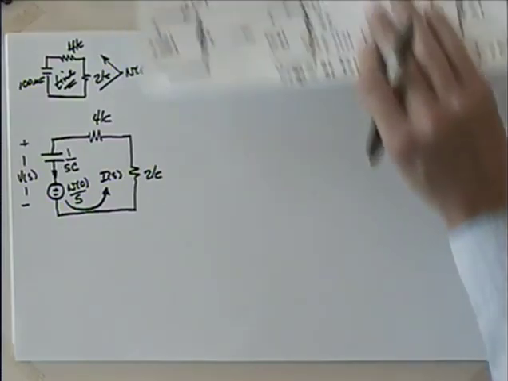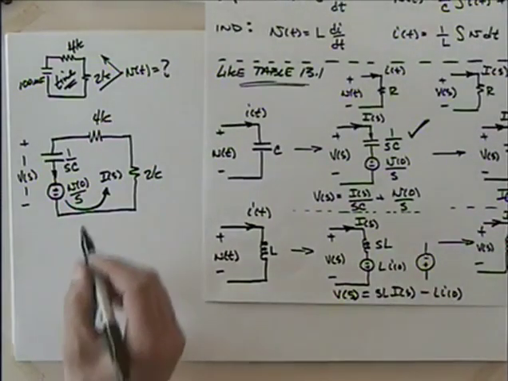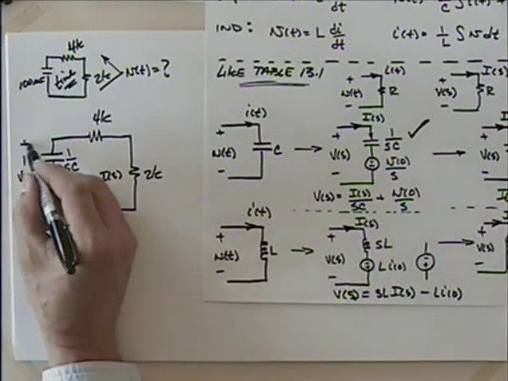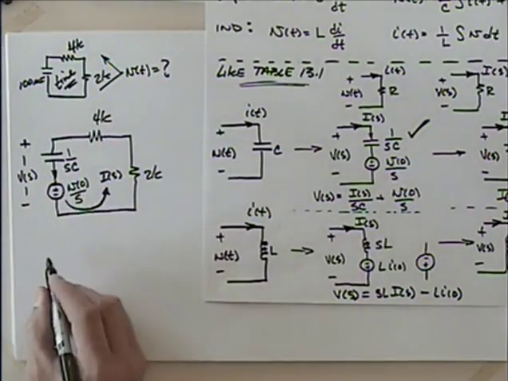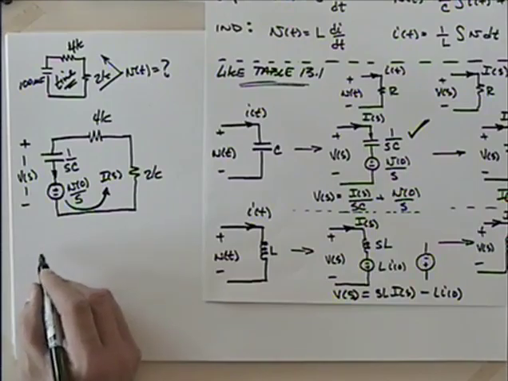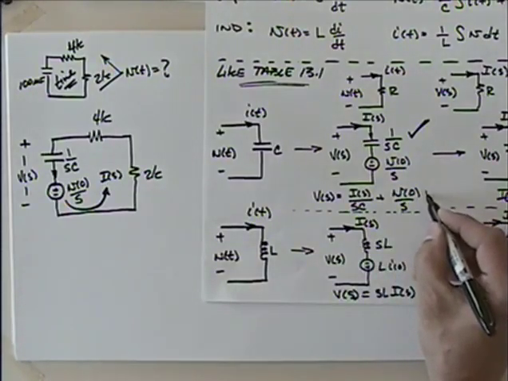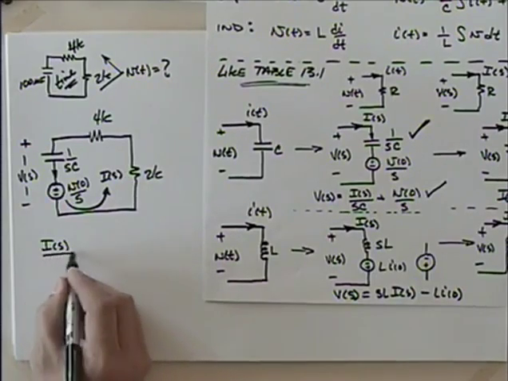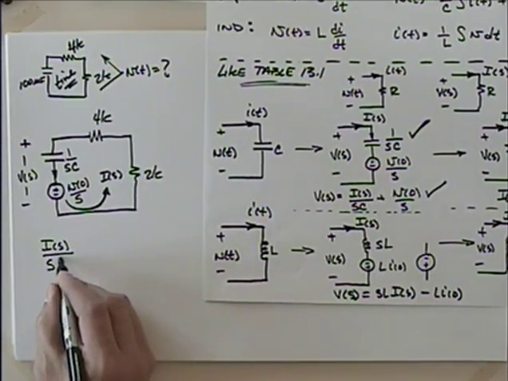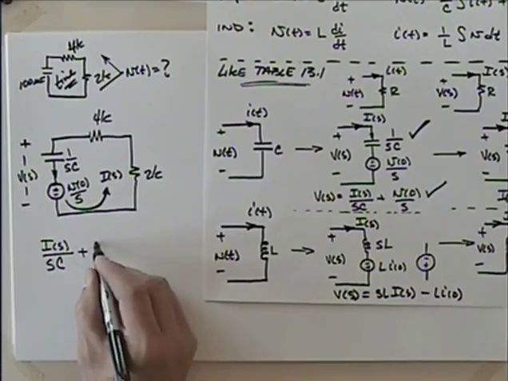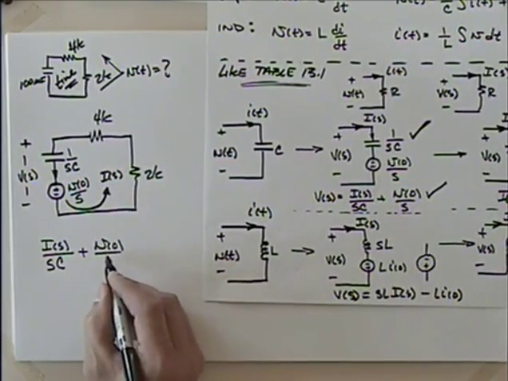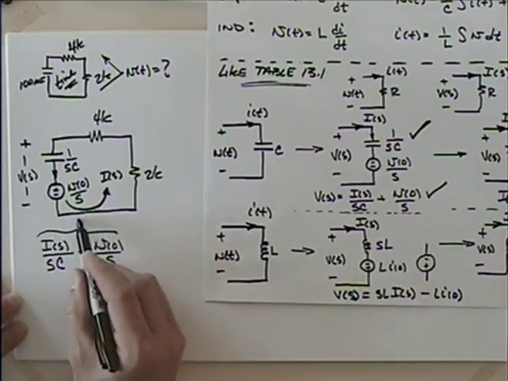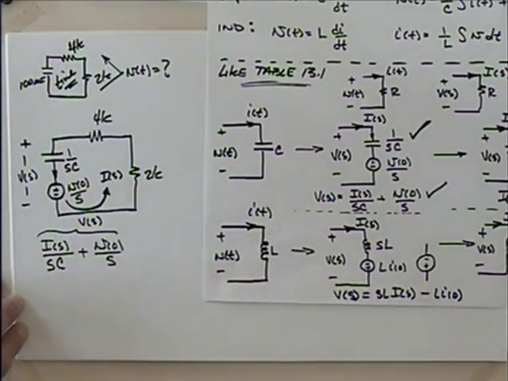So then if I want to talk about Vs, if I use Kirchhoff's voltage law, I can go around here. So what's Vs equal to? We see it right here. Yeah, I of S over S times C plus the initial voltage over S. This is Vs. Try and be real clear on this.